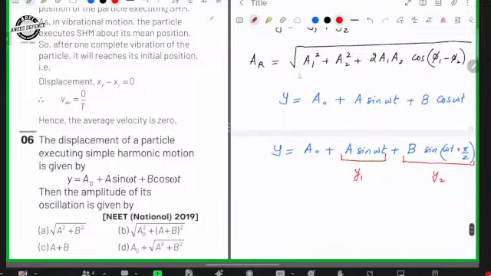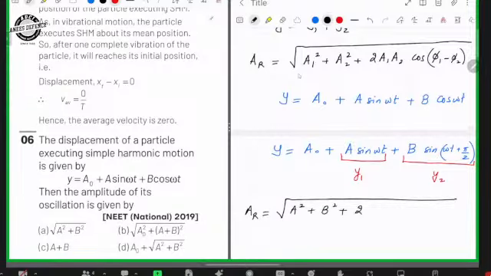Now substituting everything into the equation of the resultant SHM, the resultant amplitude is the square root of A1 square, which is A square, plus A2 square, which is B square, plus 2 A1 A2, that is 2AB, cos(phi1 minus phi2). What is phi1? In the equation of y1, phi1 is 0.